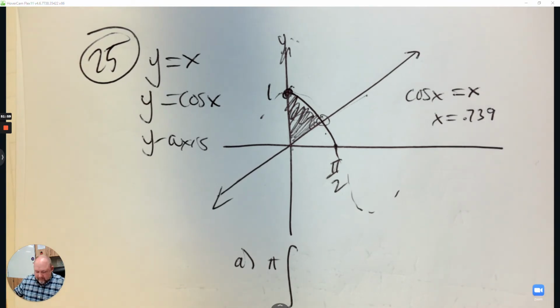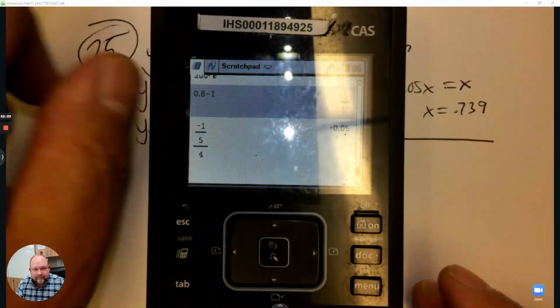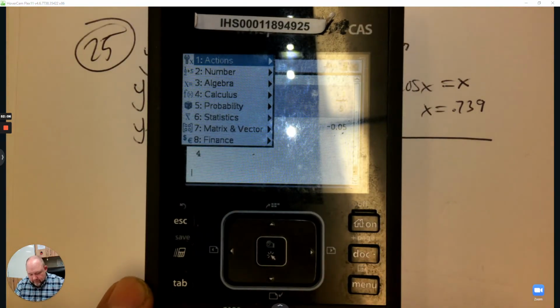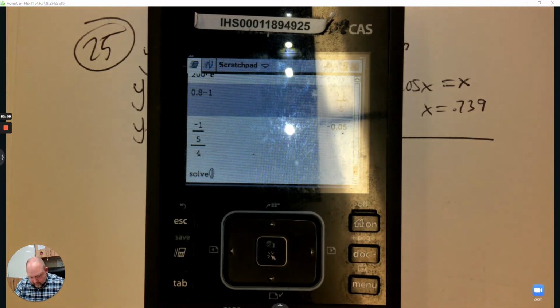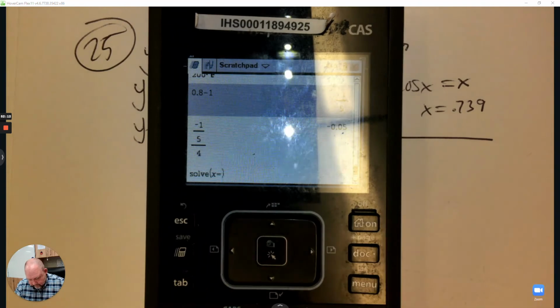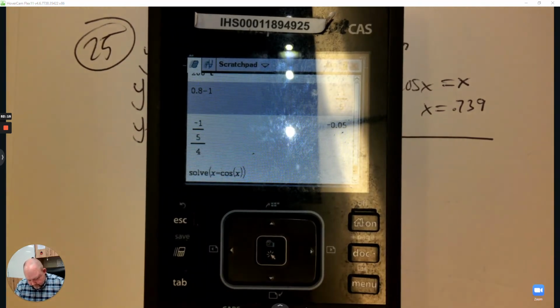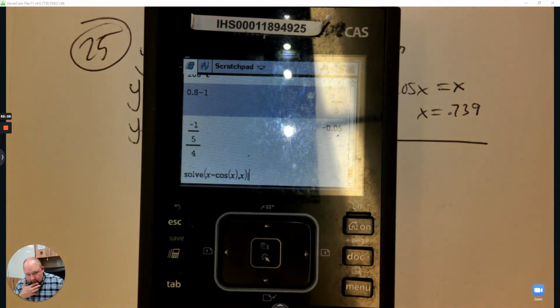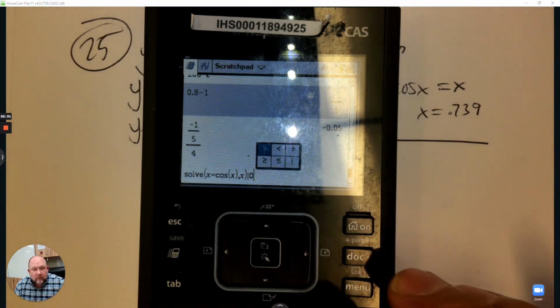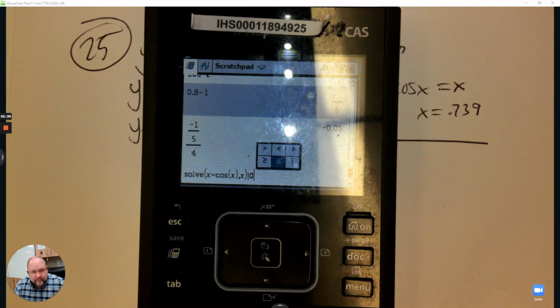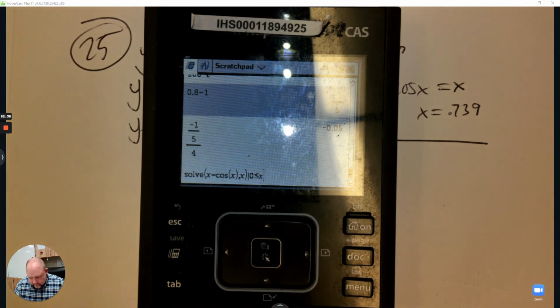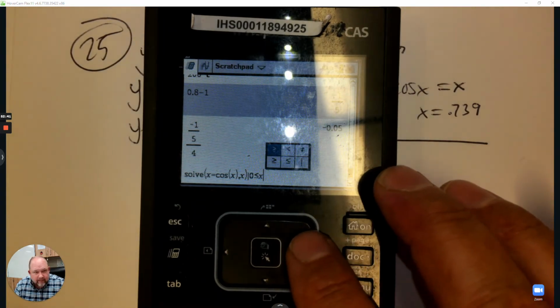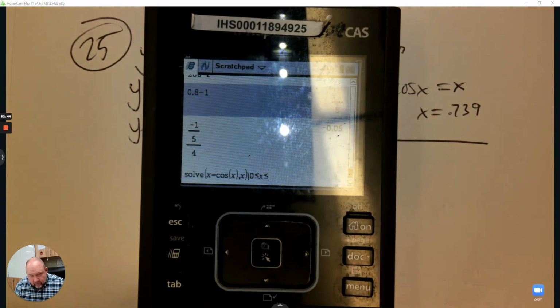Let me just make sure you know how to do that. Menu, algebra, solve. x equals cosine x, comma x, and then we're going to go control equals, and we're going to do a domain restriction that goes from 0 to pi over 2.